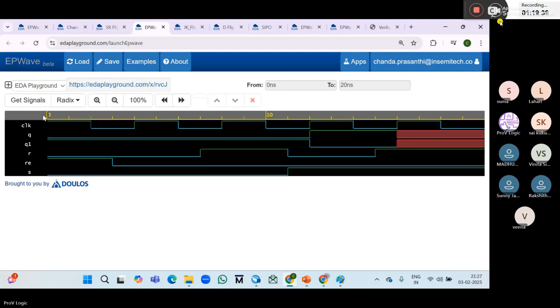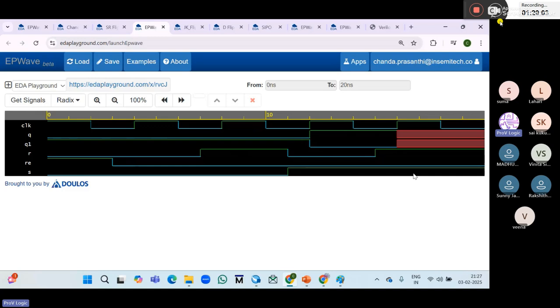See, when S or R is high, output is 0. When S is 0 and R is 0, output is the same. S is 0 and R is 1, output goes to reset state because reset is high. S is high and R is 0, set state, so output goes to set state.